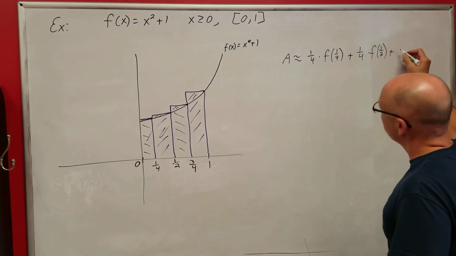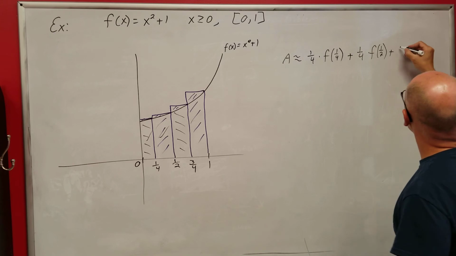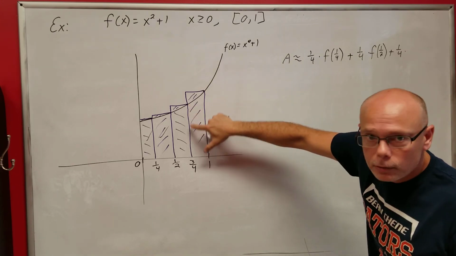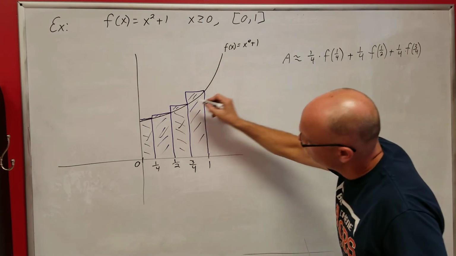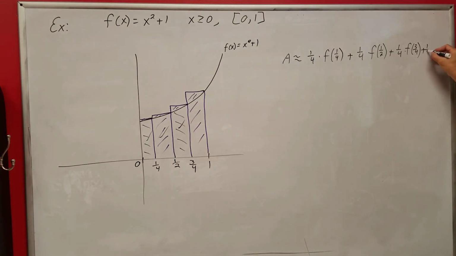Let's add to it the area of my third rectangle. How wide is this rectangle right here? 1/4 again. How tall is it? f evaluated where? At 3/4. So I took care of this rectangle. What about my last rectangle? It's going to have a width of 1/4. It's going to have a height of f evaluated at 1.